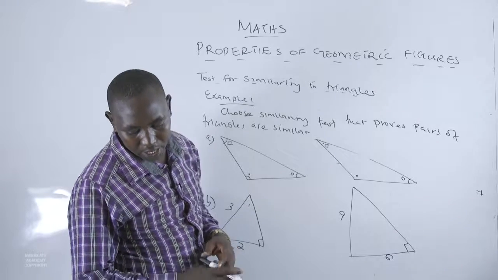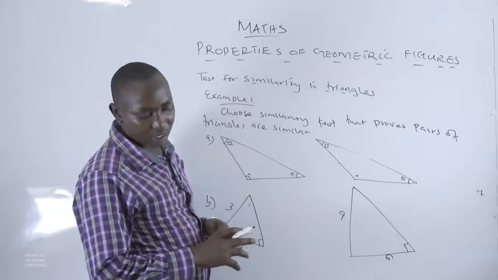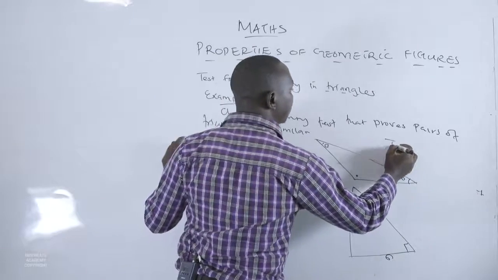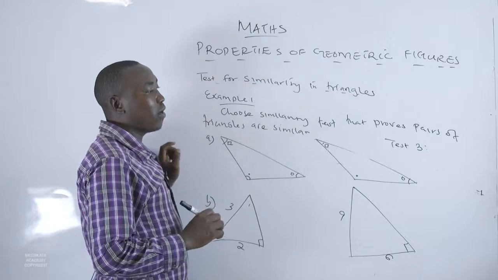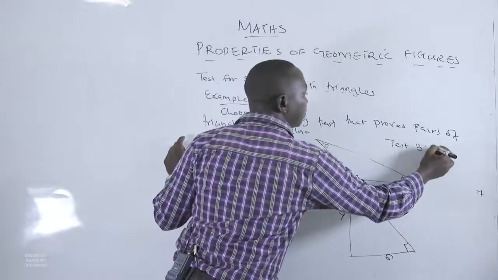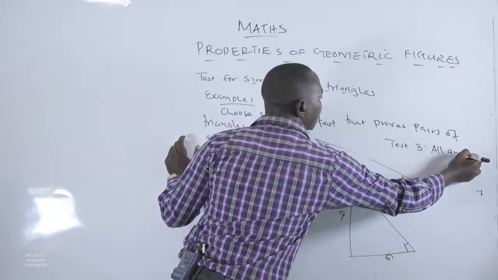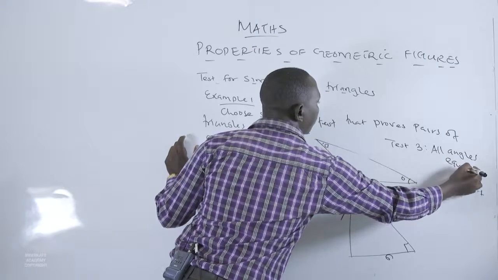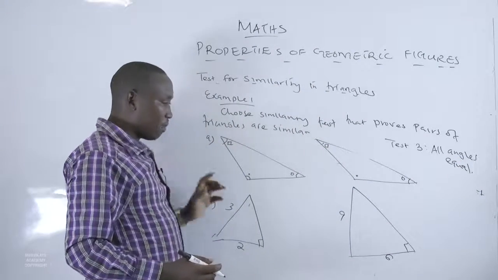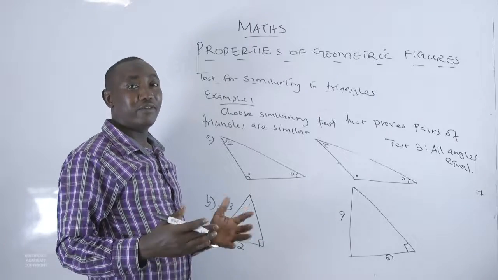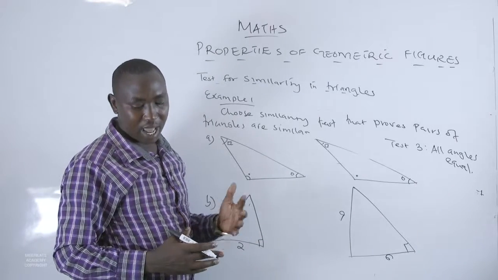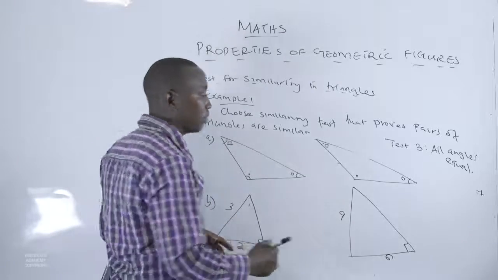So in that particular case, we use test 3, which was talking about all angles equal. Then for number 2, we have right angled triangles. That will definitely tell you that we'll use the last test, test 4.